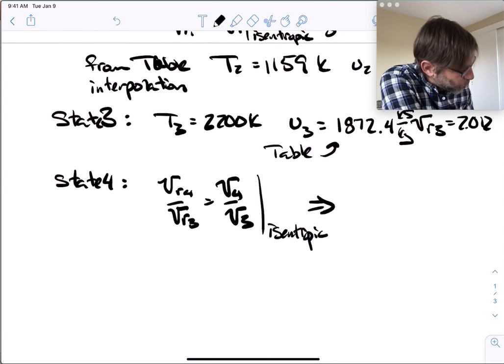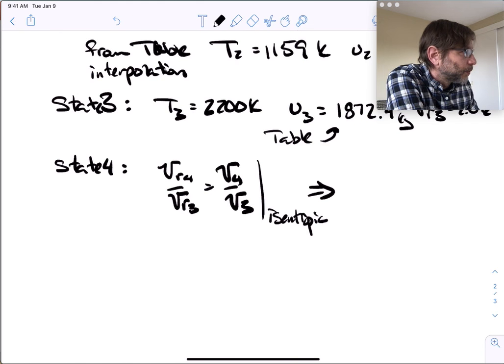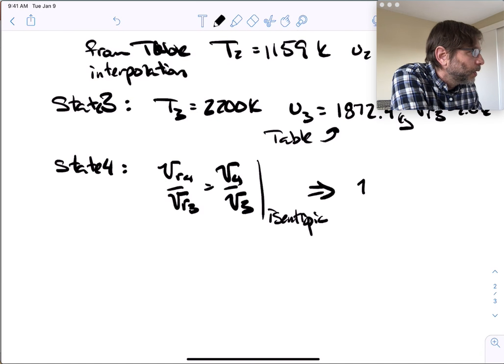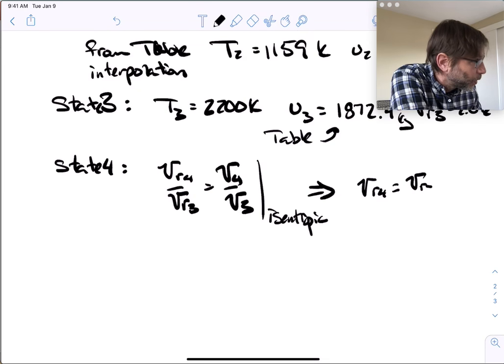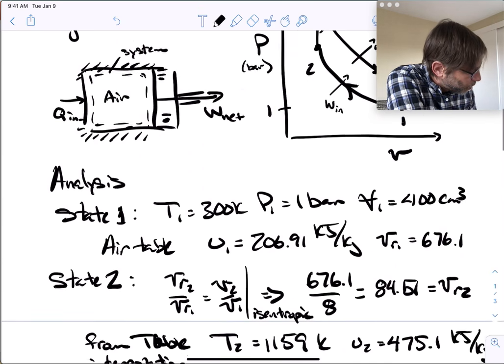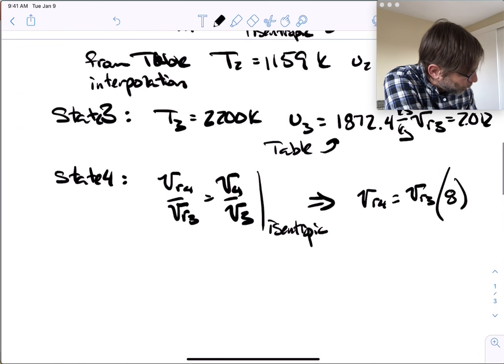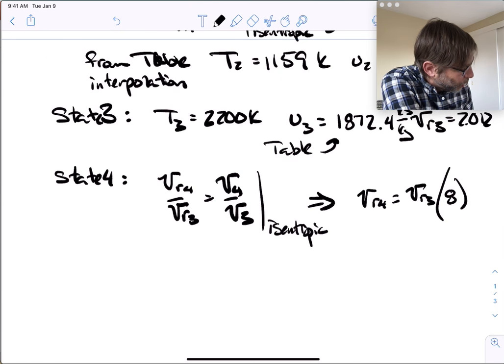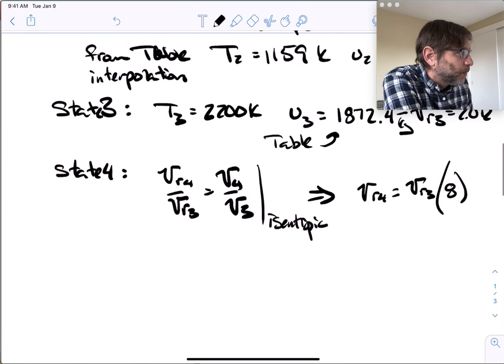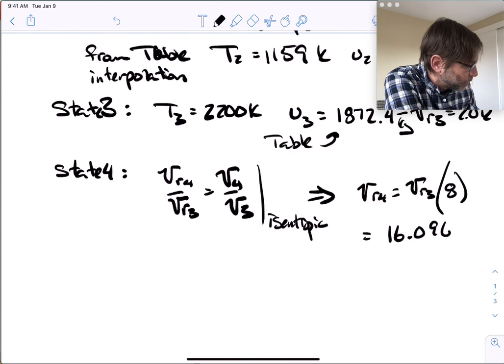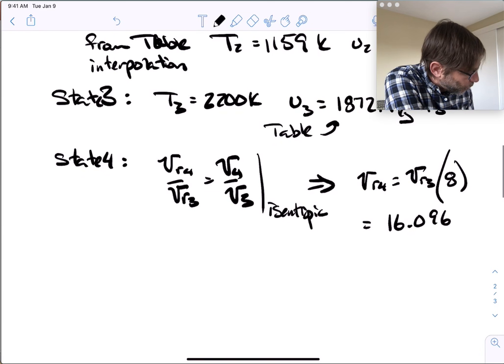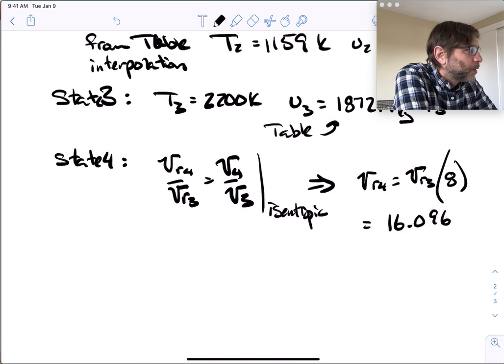So vr4 equals vr3 times v1 over v2, and v1 over v2 is 8, right? So in this case, this is equal to 16.096.